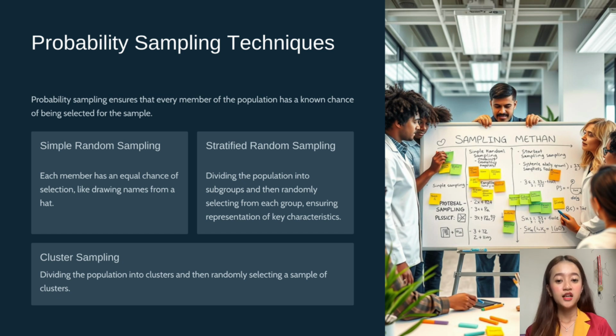Number two is stratified random sampling, dividing the population into subgroups and then randomly selecting from each group, ensuring representation of key characteristics. Number three is cluster sampling, dividing the population into clusters and randomly selecting a sample of clusters.